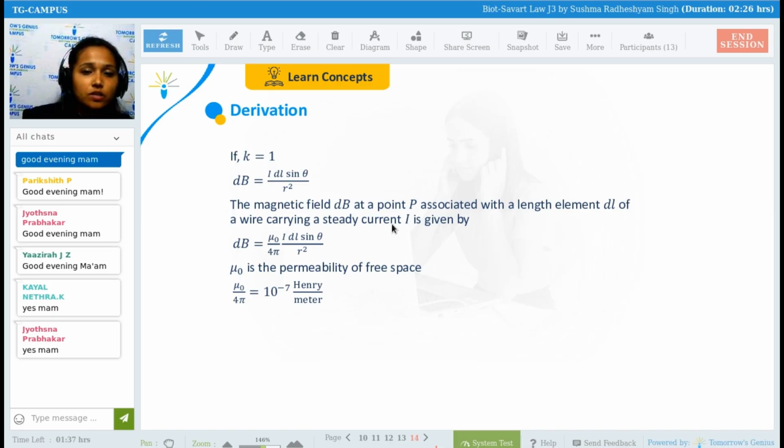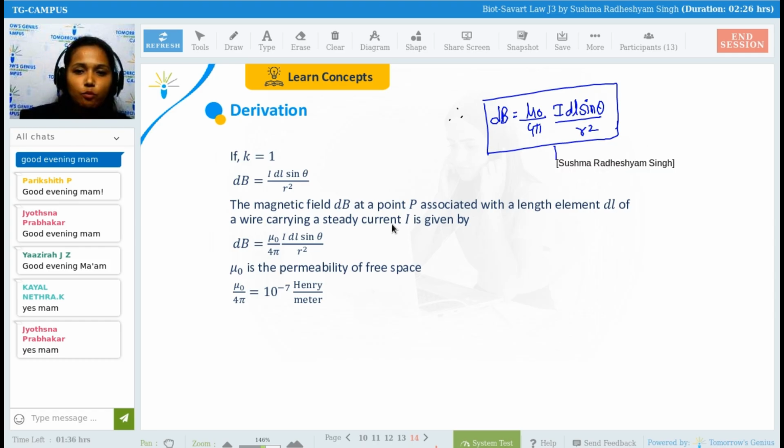Okay, so now K is nothing but mu naught over 4 pi. So what is our final formula? The final formula of Biot-Savart is dB is equal to mu naught upon 4 pi I dl sine theta over r square. Okay. If I write this formula like this, dB is equal to mu naught over 4 pi I dl cross r over r cube.